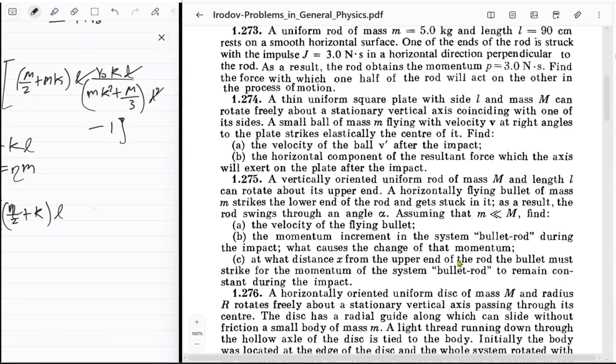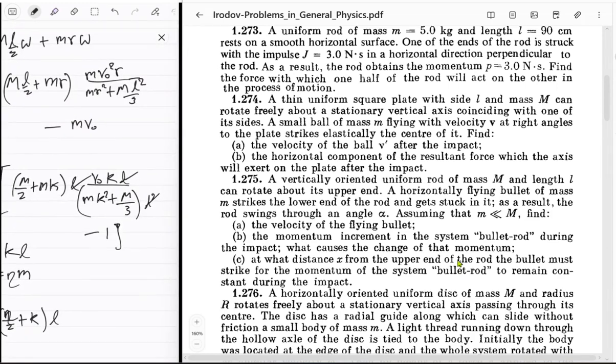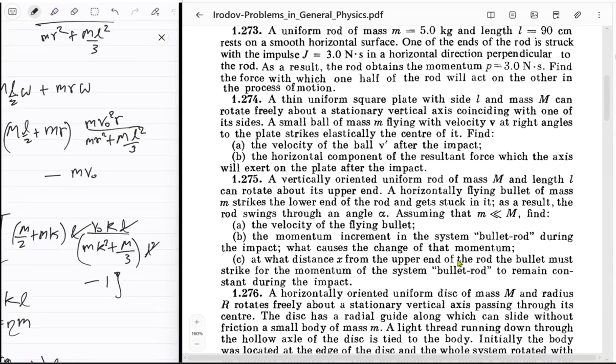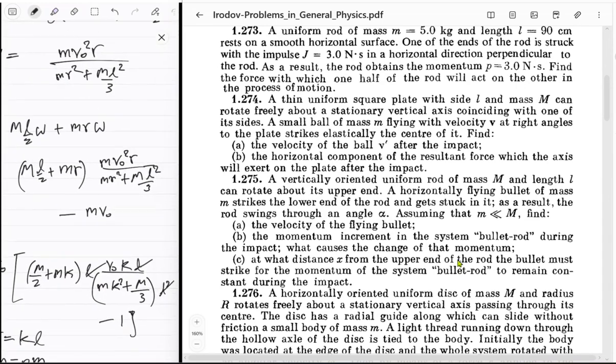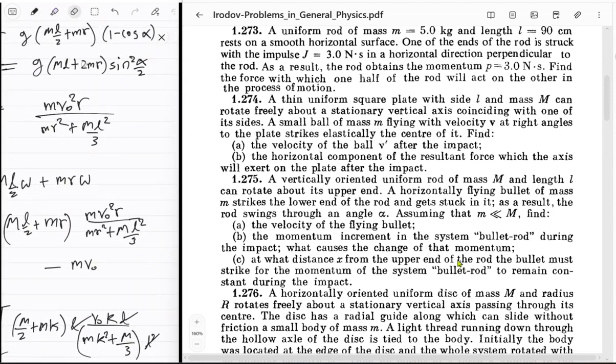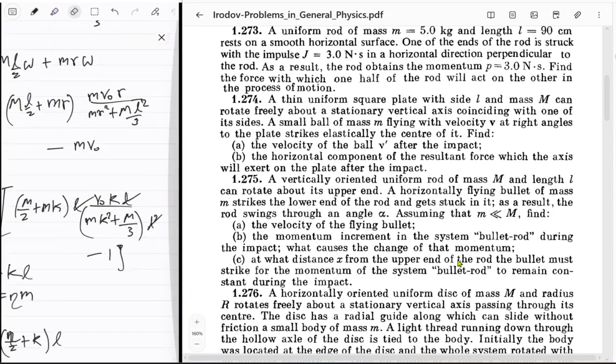So this is there. Is this correct or not? Looks correct. This extra v naught over there, why is that? What's that doing over there? Wait, is that supposed to be the... No, it's not this thing. It's just m v naught R. Sorry, angular momentum, right?